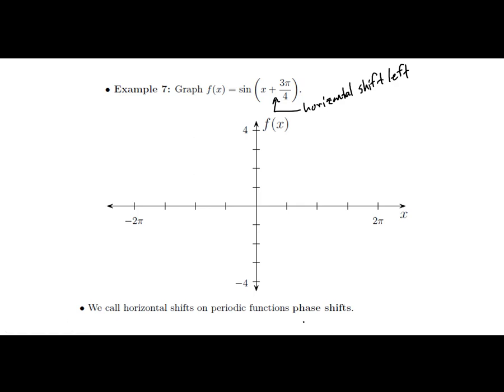And in terms of this class, we really refer to these types of things as phase shifts. So how do we apply this? Well, first let's just give a sketch of one period of y equals the sine of x. So there we go.